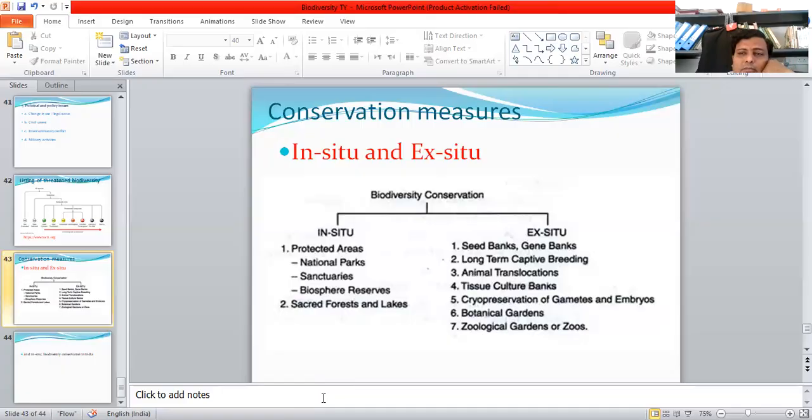Ex situ techniques are well defined to safeguard populations of individuals that are in danger of physical destruction when protection in situ is not possible. It also safeguards against the genetic deterioration of that species. It also ensures the continuity of reproductive material, either by creating a source through storage.